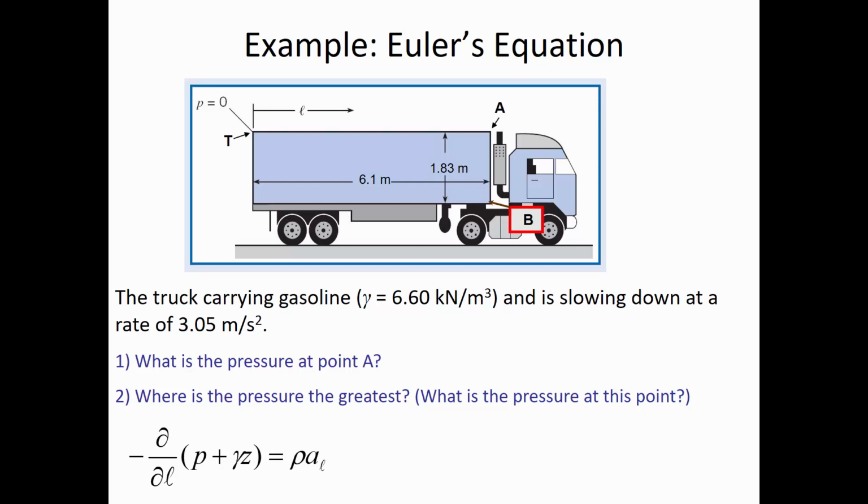Now what about Z? What's the elevation? Well, you can use whatever you want as long as you're consistent between the 2 points, using the same datum. You could use the bottom of the tank as the datum, or you could use location T as the elevation datum, as long as you're consistent between both points. So calculate what is the pressure at A if we know that the pressure at T is 0 kilopascals.